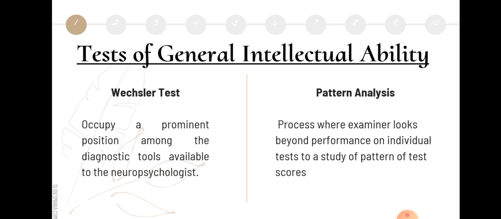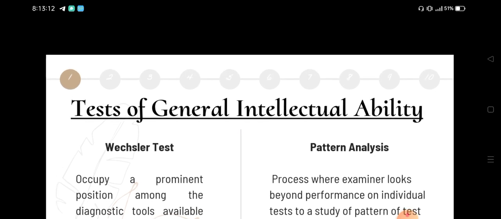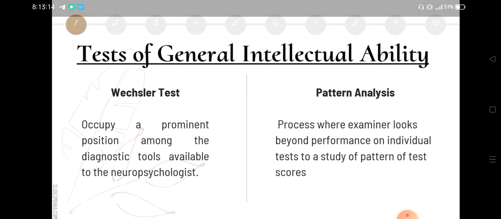Because certain patterns of test response indicate particular deficits, the examiner looks beyond performance on individual tests to a study of the pattern of test scores, a process termed pattern analysis.